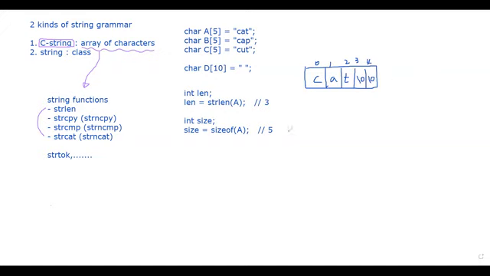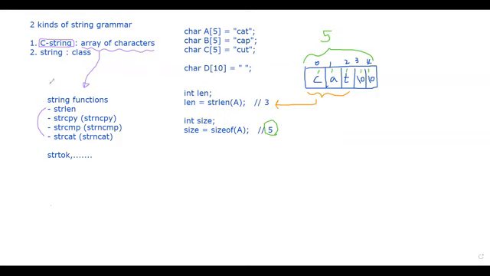String length will give you the length of a string, and this is 3, right? And sizeof will give you the total size. 1 character is 1 byte. So this is 1 byte, 1 byte. So in total there are 5 spaces. This is sizeof.